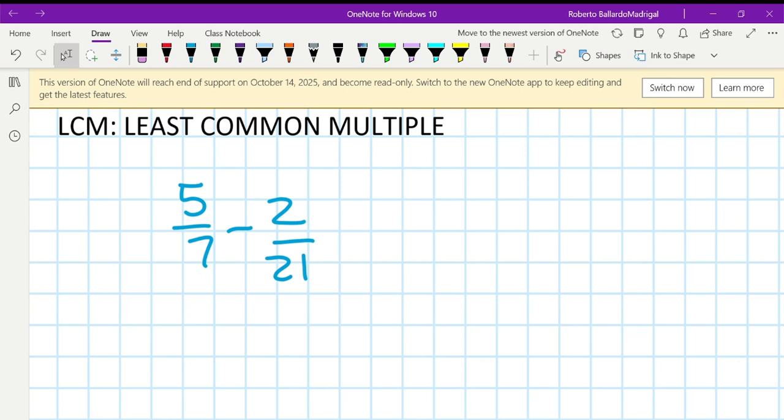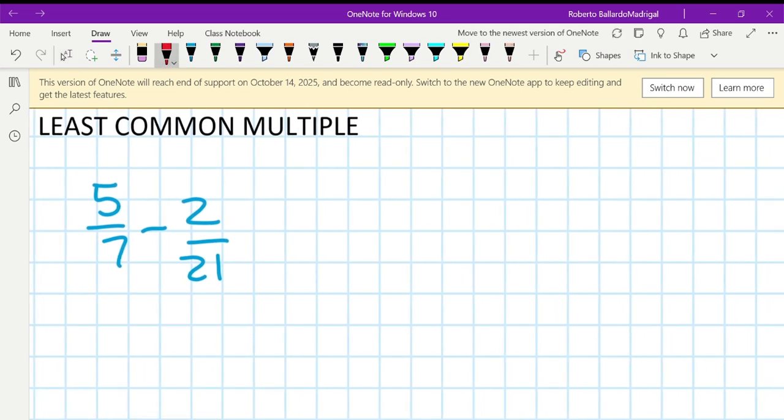But you will notice that our two denominators, 7 and 21, share a common multiple. So we're going to go ahead and find the LCM, the least common multiple, and we'll start with 7. So multiples of 7 are 7, 14, 21, 28.